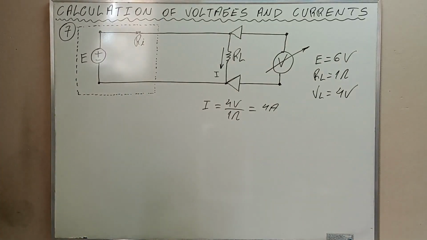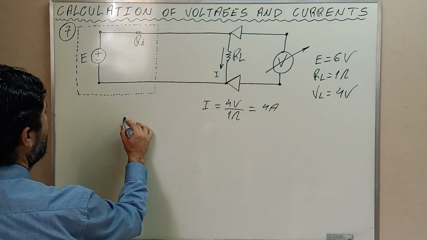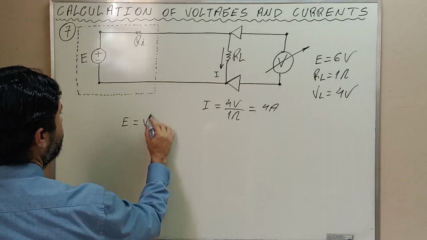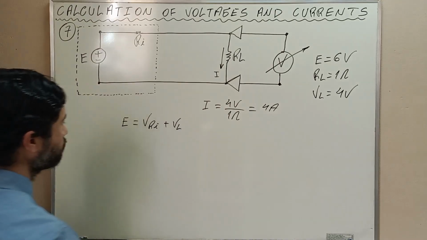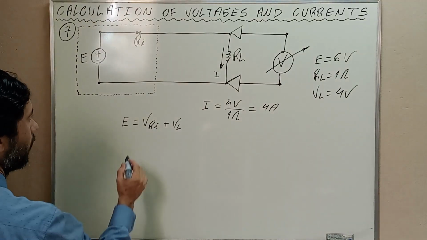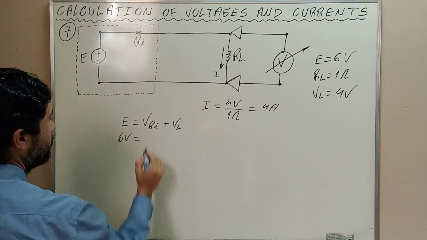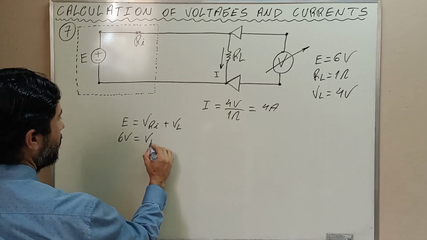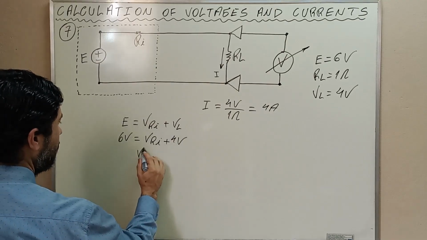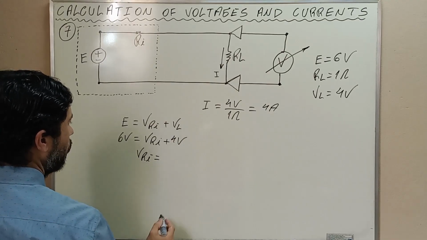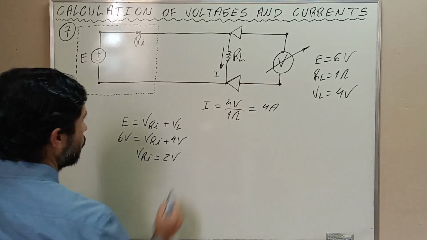With this current, we can calculate the internal resistance, but firstly observe that E is equal to VRi plus VL. We already know E, 6 volts, is equal to VRi plus 4 volts. And in this way, VRi is equal to 2 volts.